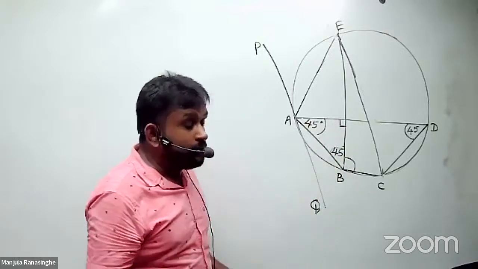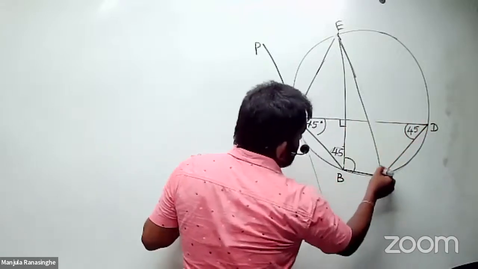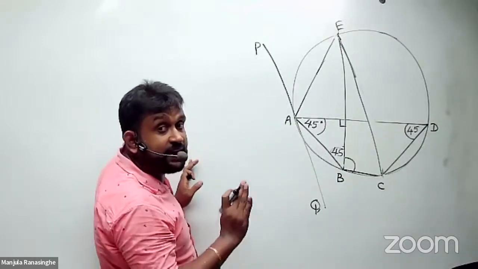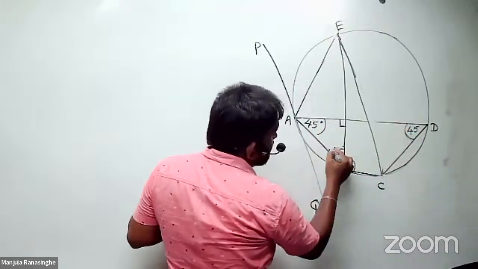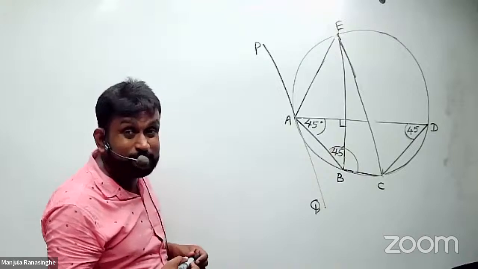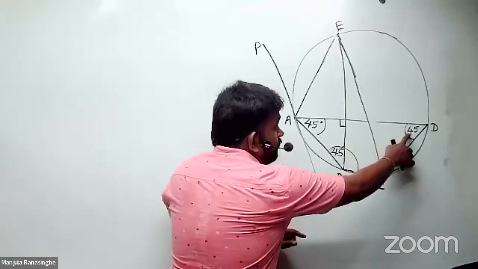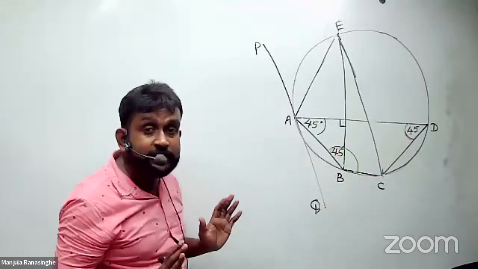Fine. So now you can see that this is a cyclic quadrilateral, then its opposite angles add up to 180. So this is 45, and the total of these two angles shall be the balance from 180.